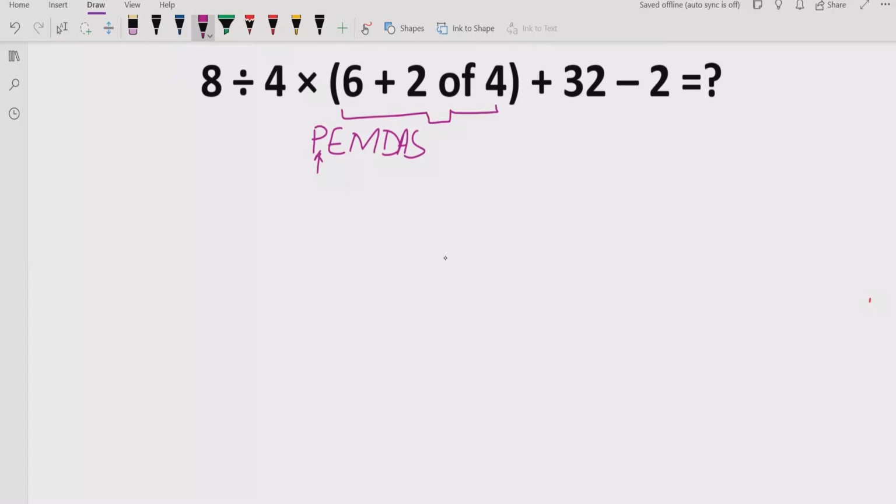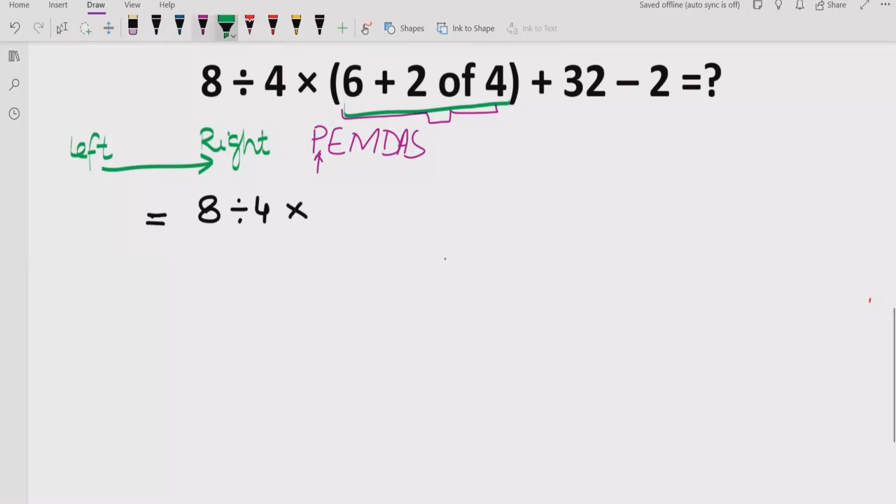So before solving this expression, we first evaluate the expression inside the parenthesis. In PEMDAS we also follow the left to right rule. So we will follow left to right here, and first we will solve this parenthesis.